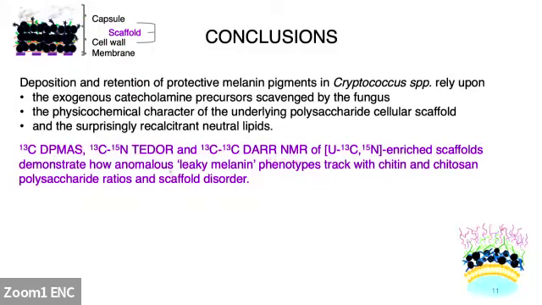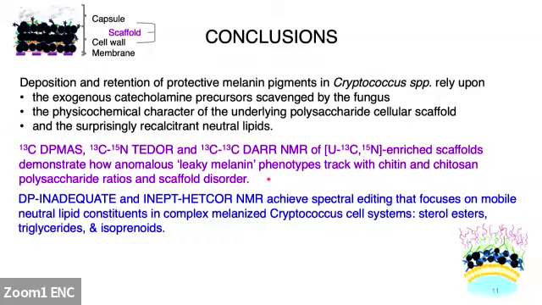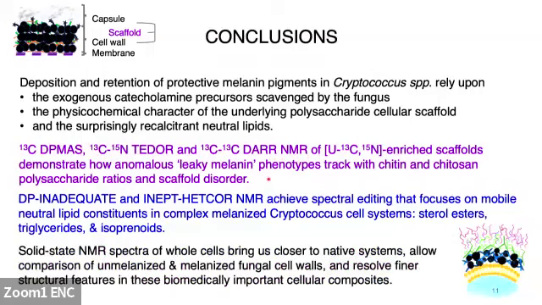They're all informative to tell us how the leaky melanin varies with respect to the wild type. We can identify and quantitate all of these surprising lipids that are also present and somehow playing a role. And finally, solid-state NMR can bring us closer to native systems, although we're not quite there yet. That's to be continued. So that's where I'll stop, and I'm happy to take any questions.